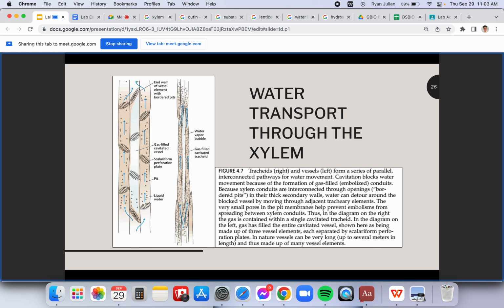There is no smaller and there is no more elongated, up to several meters in length, and thus made up of many vessel elements that are present here. These are the vessel elements that I am talking about, which allow the facilitation of water molecules throughout the entire xylem, and they are very numerous in number.